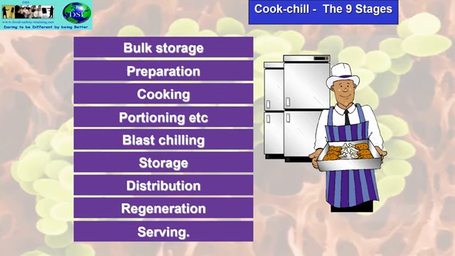Then distribution, using clean food safety transport. Then the food is regenerated. I did say storage at frozen. This is cook chill, so there won't be any freezers involved. It'll just be storage in fridges. Regeneration then to above 75 degrees C, and serving as quickly as possible.